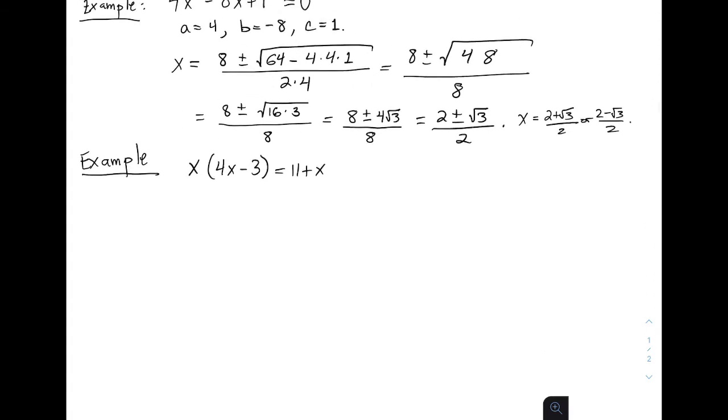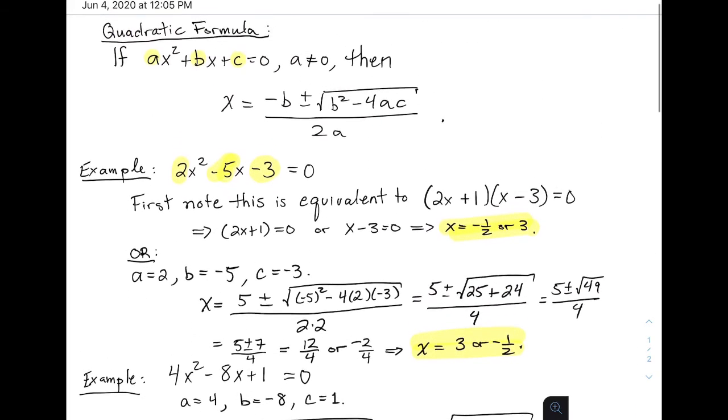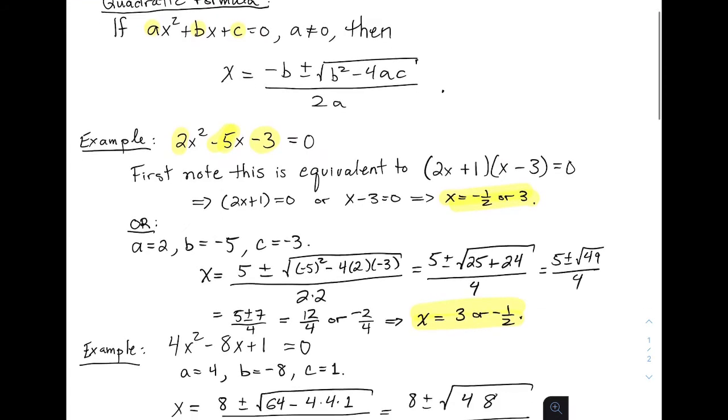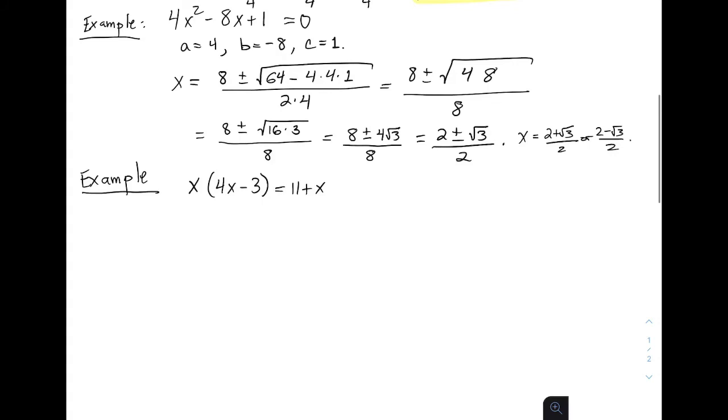In this next example, we don't have it in the form that is most convenient to identify a, b, and c. So the first step is to write it as stated in the quadratic formula. So we'll distribute the x.